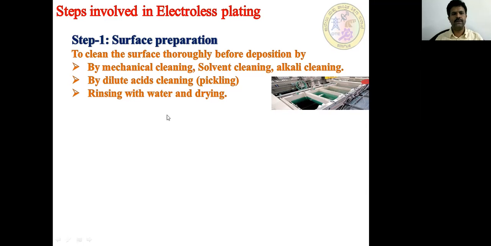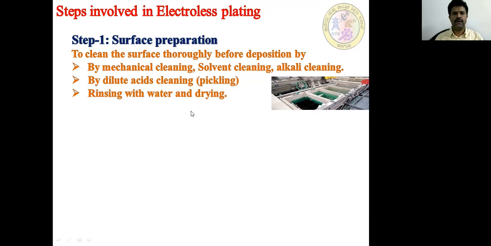So how to do that? By mechanical cleaning, using brushes or various other equipment, we can clean it. Later, the substrate is cleaned by washing with organic solvents and alkali solutions to remove any oil or grease present on the surface of the substrate material.